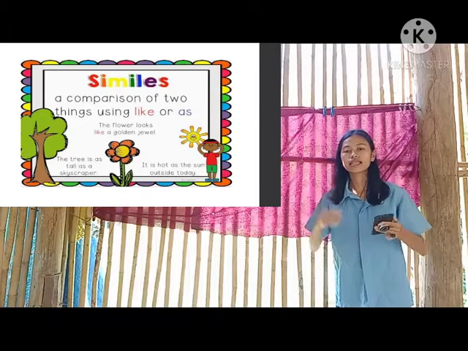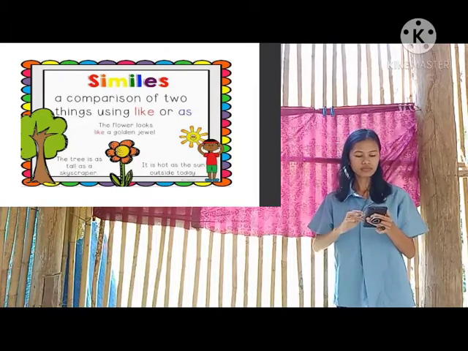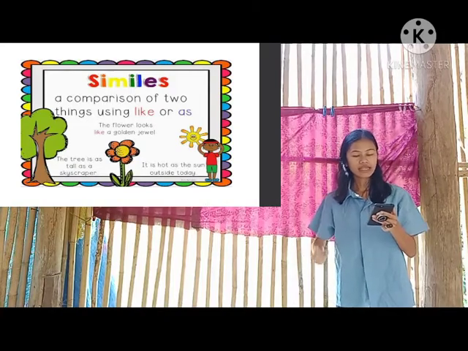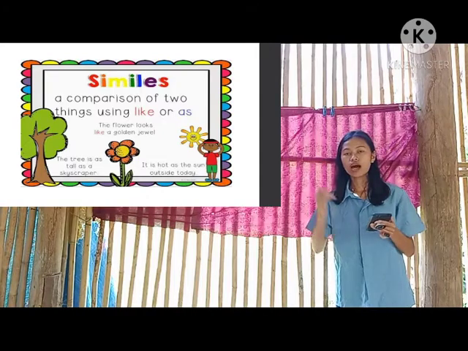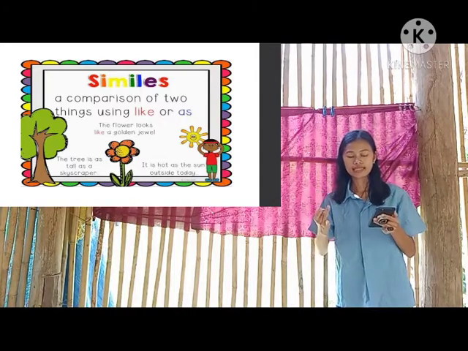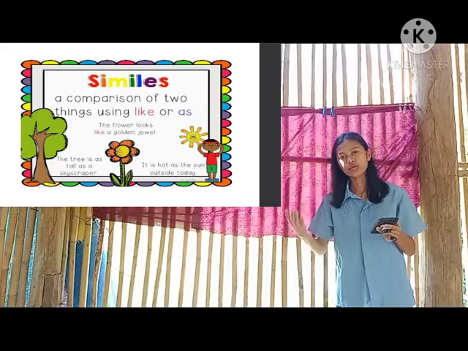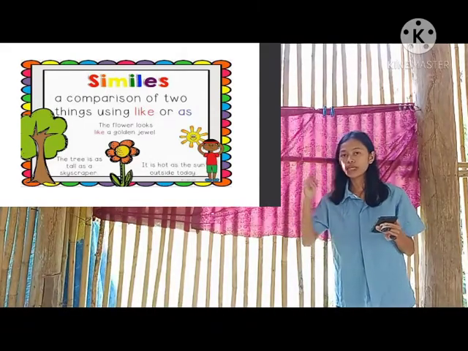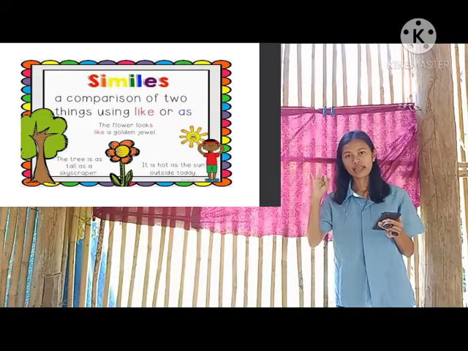So it means that we are using similes. Again, class, if it is metaphor, we are using the words are, is, was, and were to compare. But when we talk about similes, we are just using two words. The words as and like.